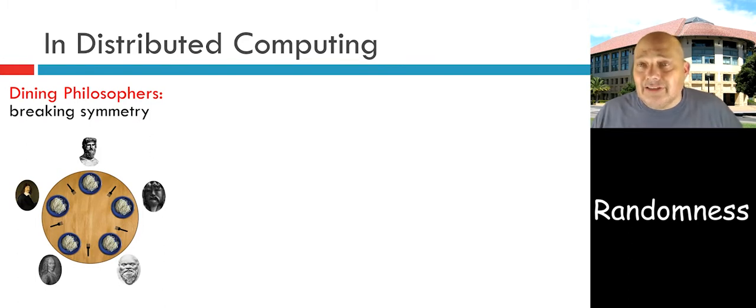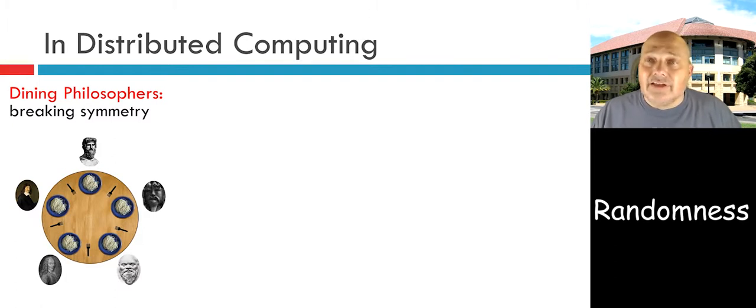But nobody can eat. So perhaps they go back to the right and release their chopstick and go back to the left and take this chopstick instead. And now they go back to the right, and again, this chopstick is missing. So the dining philosophers may starve forever if they're using a deterministic algorithm.